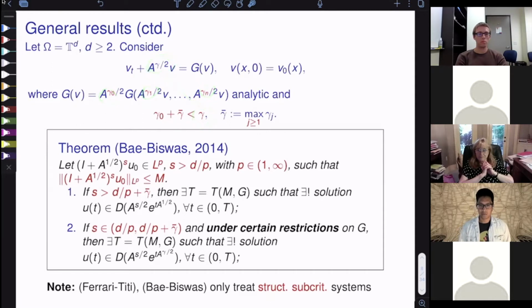And so what I want to point out is that this is still strictly a structurally subcritical result, but nevertheless very general.